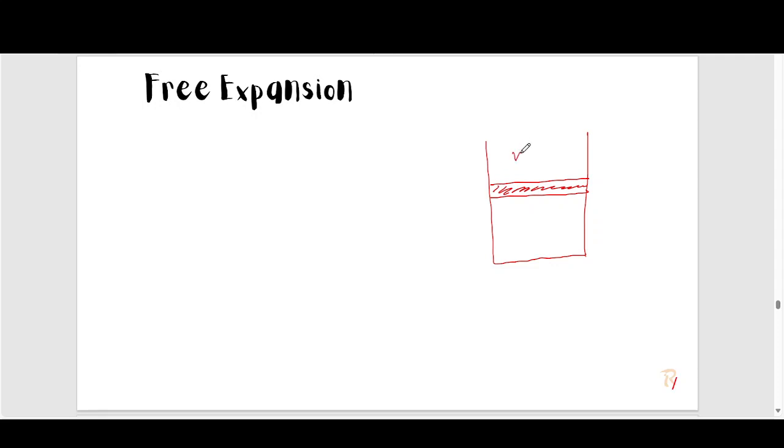Here it is filled with air, and these gases try to give a pressure to this. Here there is no work done.